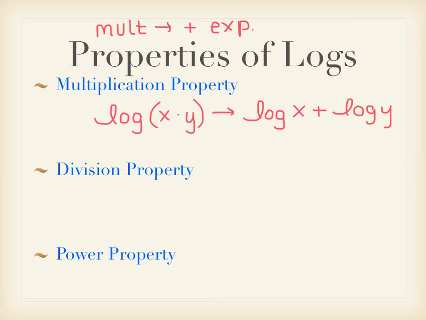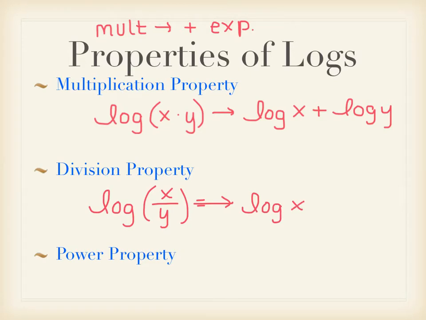Okay? Similarly, the division property says that if you have the log of two things being divided, you can separate that with subtraction. Because remember, the division property of exponents is that when you divide powers, you subtract the exponents.